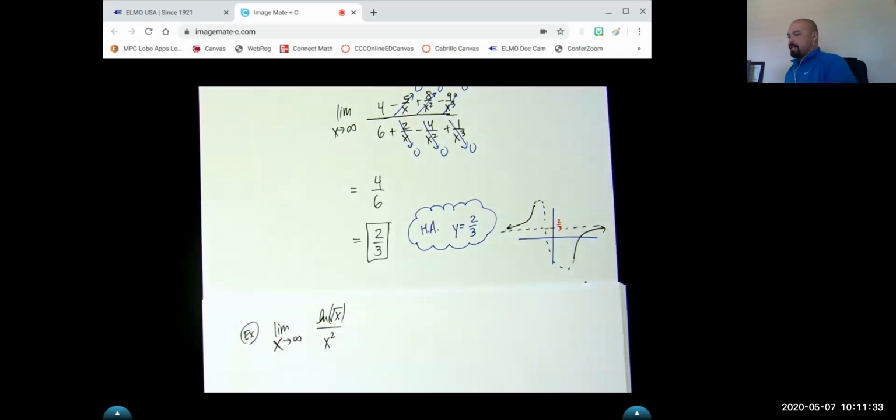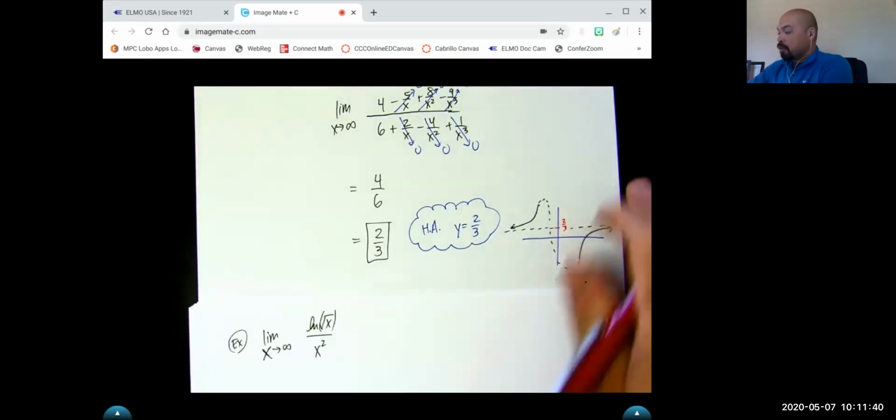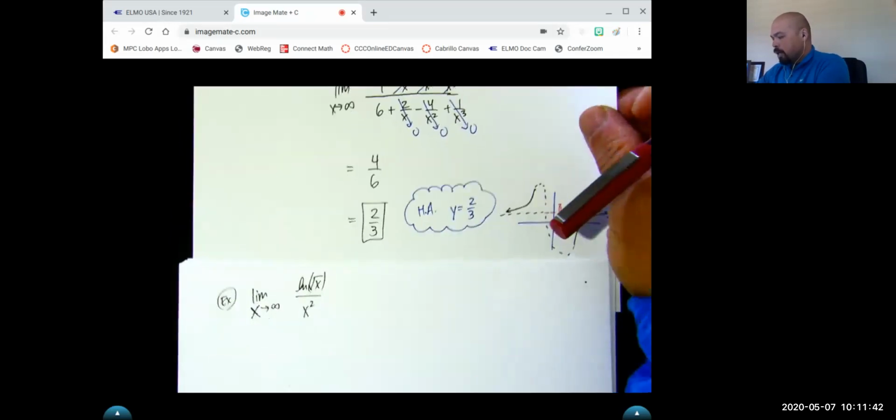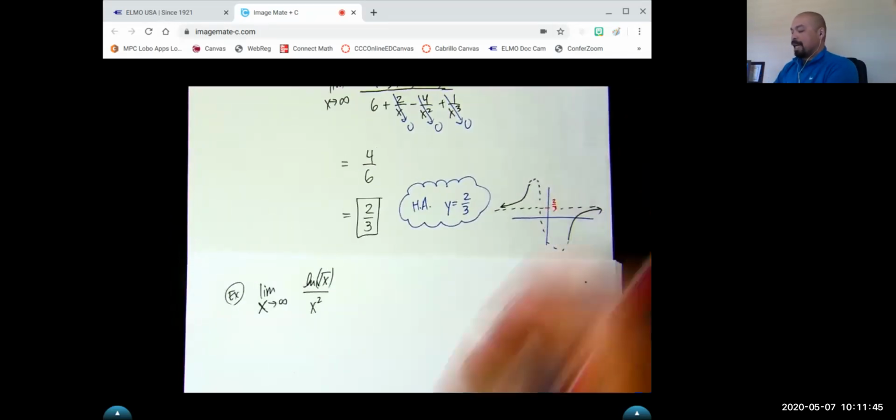But now that we have that square root of x, we've dealt with problems with infinity and those radicals before, playing around with how we can manipulate that notation.